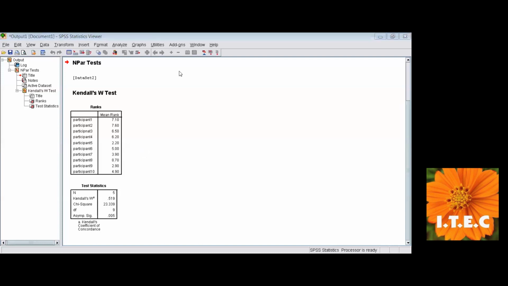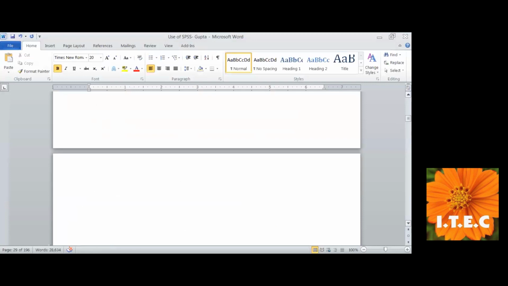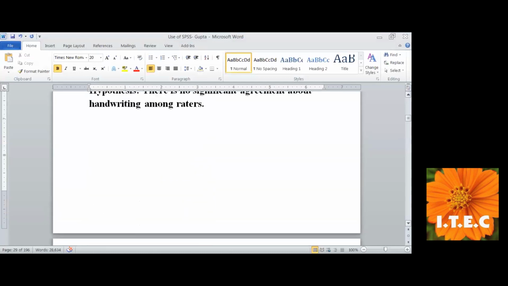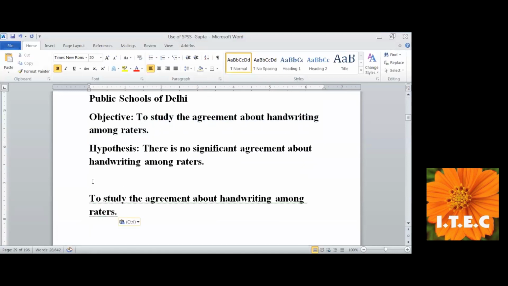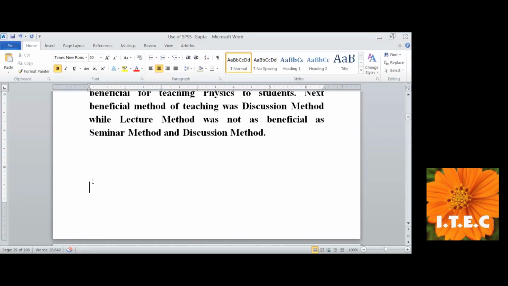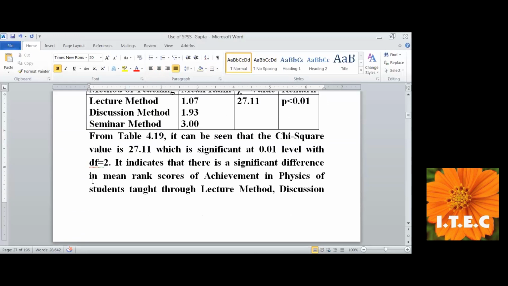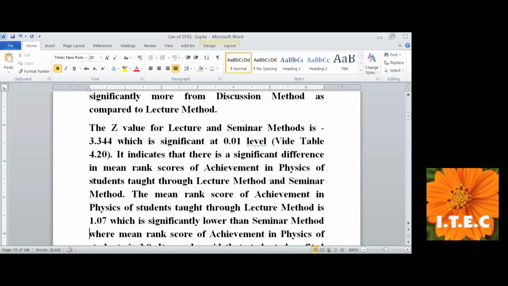So let me go to my objective. Now this is my objective. And here I will say 4.19, so I'll say 4.20.